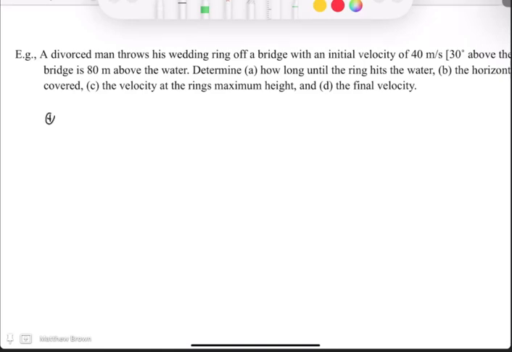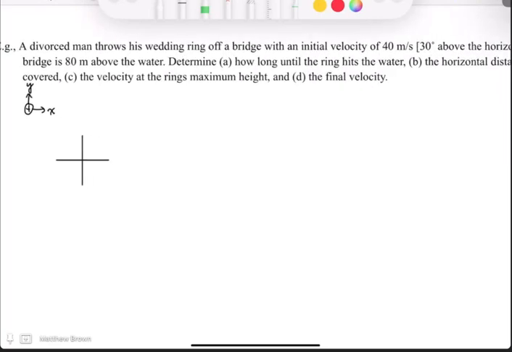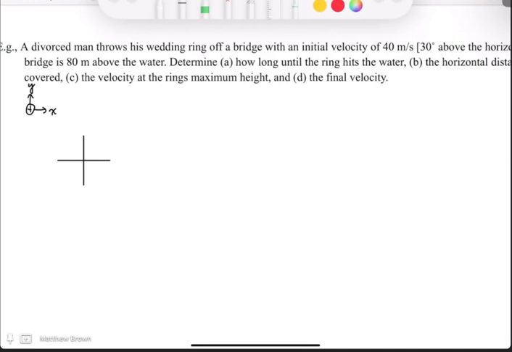I guess first I do try to always say, here's my positive x direction, here's my positive y, and I'll just do a little origin thing, ideally north, south, east, west, and say, okay, it starts at 40 meters per second, so this will be v1 is 40 meters per second, and we know that this angle here is 30 degrees.